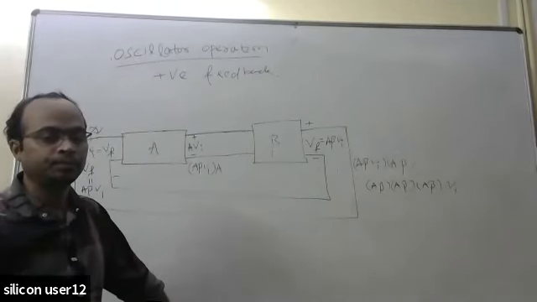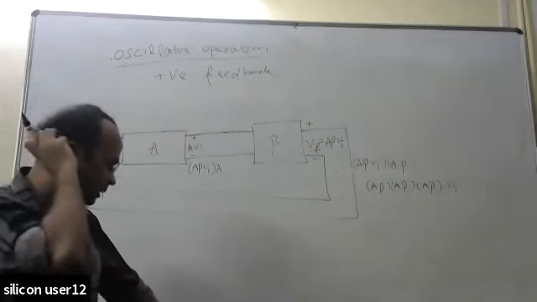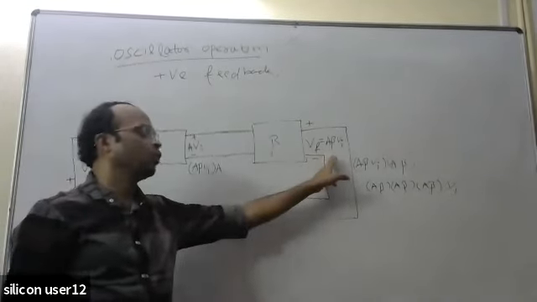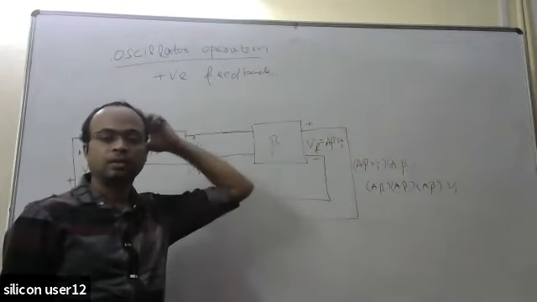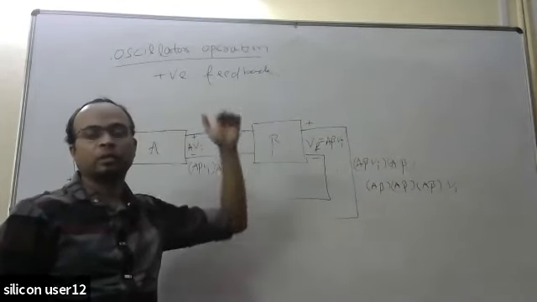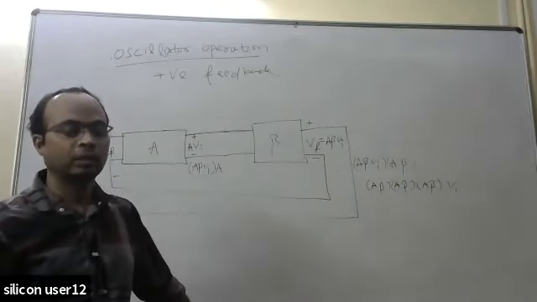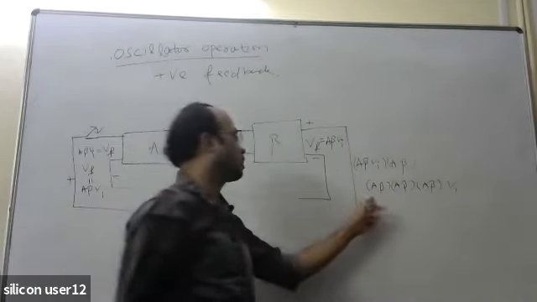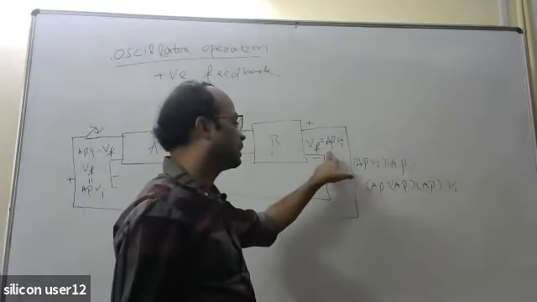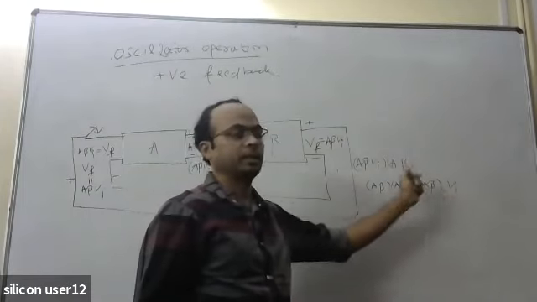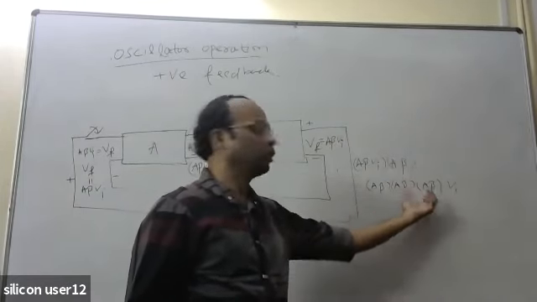Here you can say the output, or this Vf, or this signal will go on increasing like this. But there is a particular limit up to which it can be increased, so that we will see later. So till this point, what we got is that Vf is equal to A beta into A beta into A beta into Vi. That means each iteration this term will be increasing.